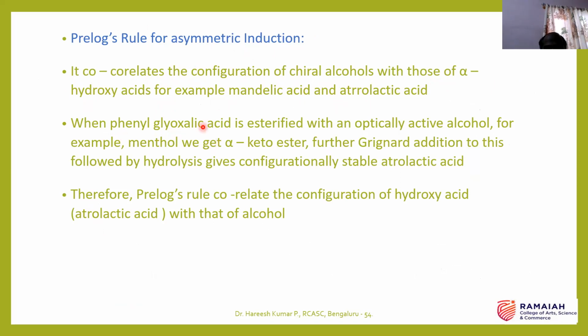When phenyl glyoxylic acid is esterified with an optically active alcohol, for example, menthol, we get a keto ester. Further, a Grignard addition to this, followed by hydrolysis, gives configurationally stable atrolactic acid. Therefore, Prelog's rule correlates the configuration of the hydroxy acid with that of the alcohol. So this is about Prelog's rule.